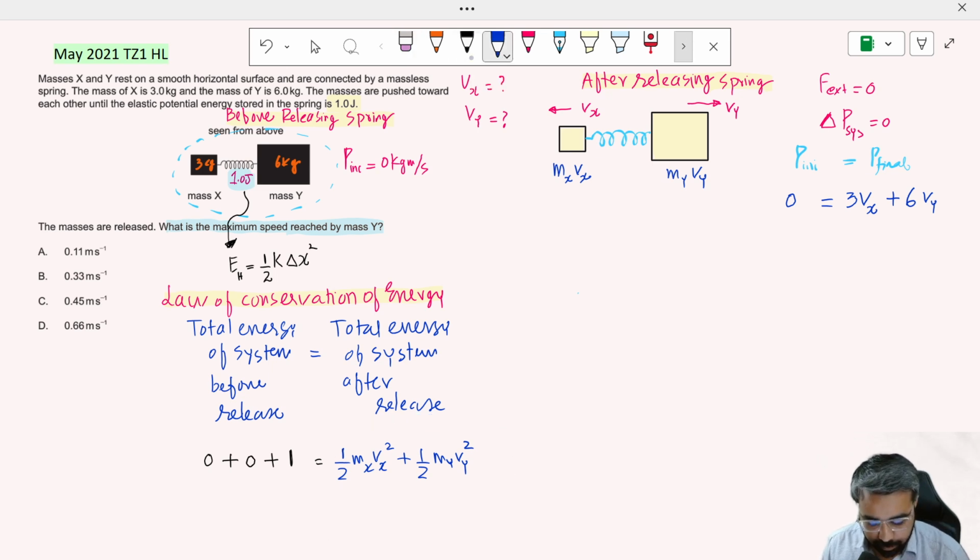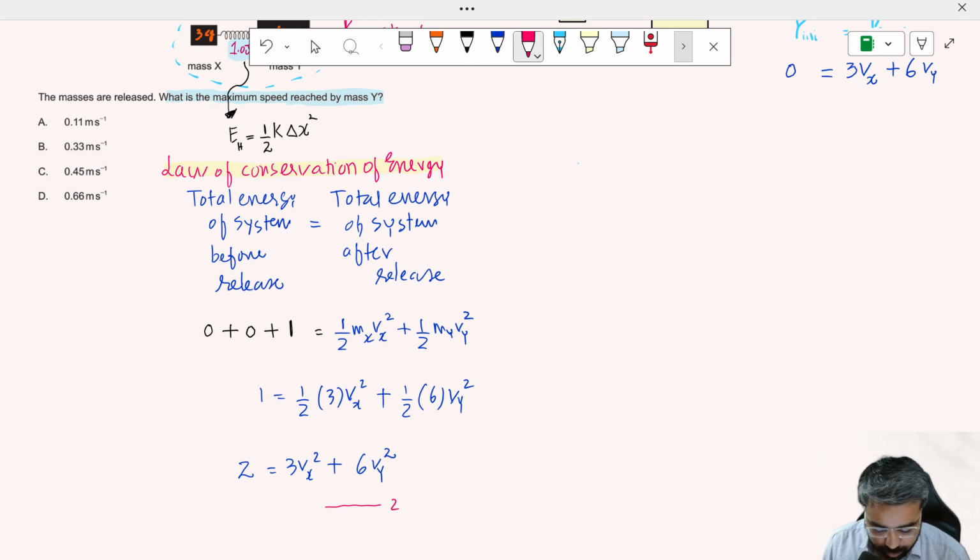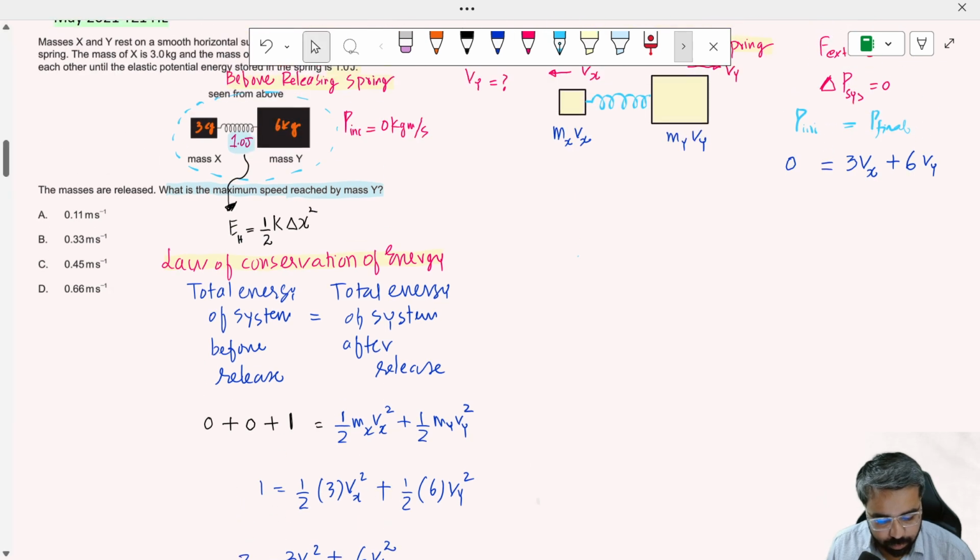So if we put the values, 1 is equal to 1 over 2 into 3 vx square plus 1 over 2 into 6 vy square. You can multiply both sides by 2, so we get 2 is equal to 3 vx square plus 6 vy square. Now this is our equation 2, and I was talking about equation 1, don't forget.